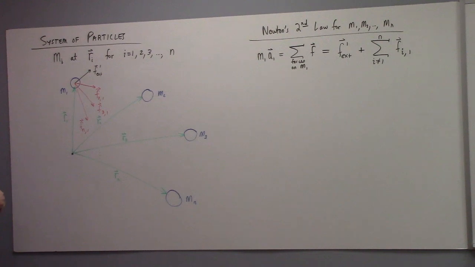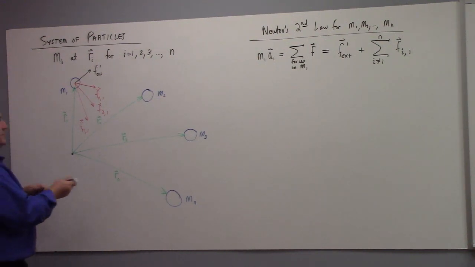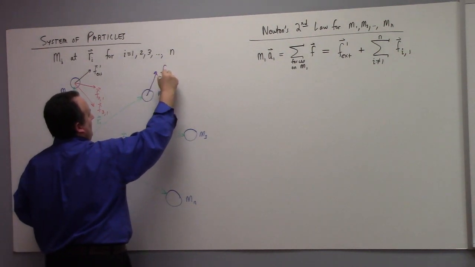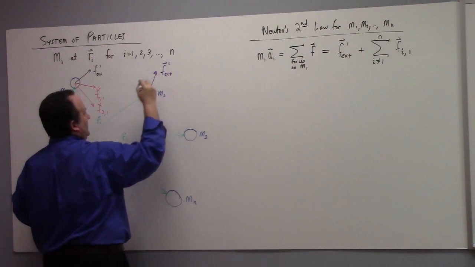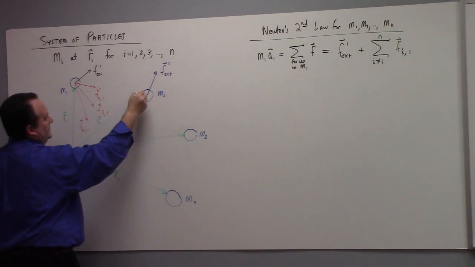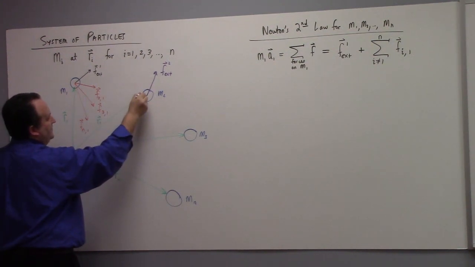We can replay this story again for the next mass. Here, you have the external force on 2. And then I want to point out something. What's the net force of mass 1 on mass 2?